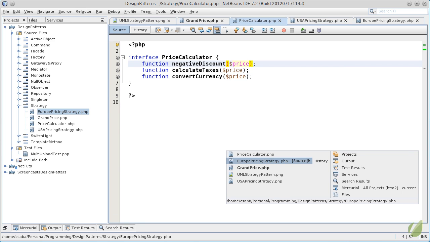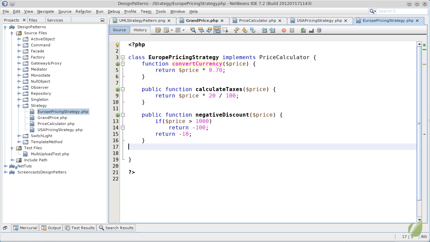If at this point we go back to Europe pricing strategy, you can see that we no longer have a problem with our class. It implements the right methods in the right way.